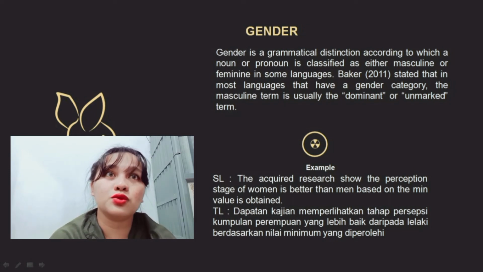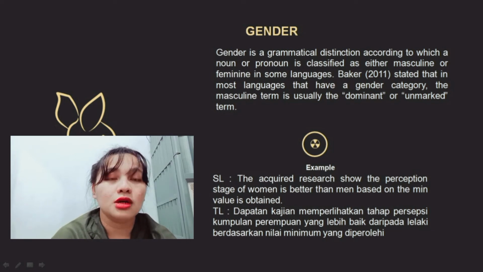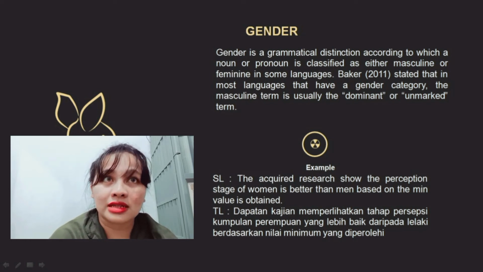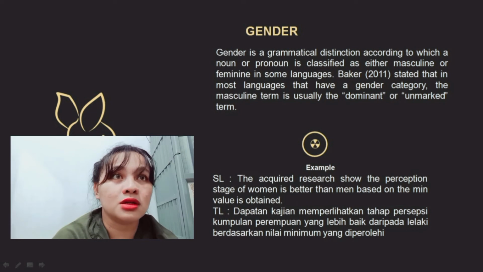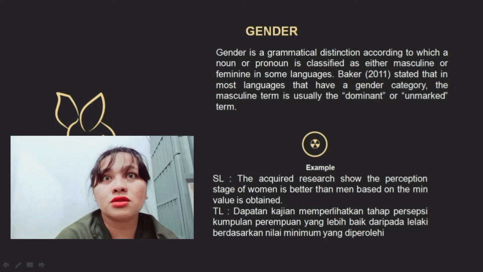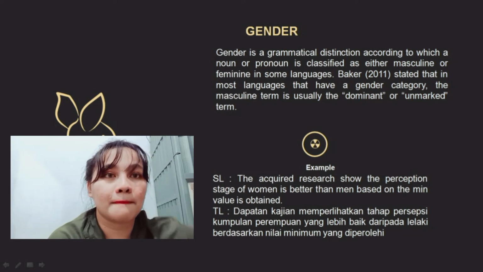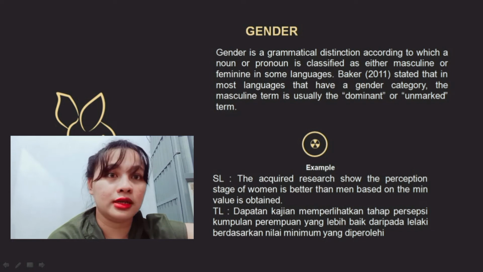From the sentence, the word women is translated into perempuan in bahasa Indonesia by students. The word perempuan indeed is defined as feminine in bahasa Indonesia. But in this context, the word women would be translated into wanita, considering the context is about adult females. Usually, the word perempuan is defined by the word girl, if we talk in English.